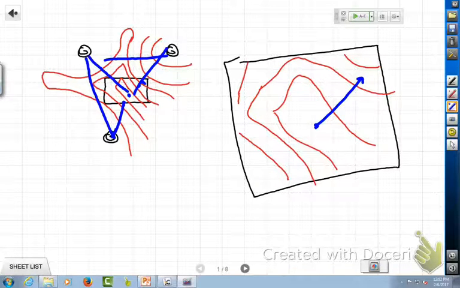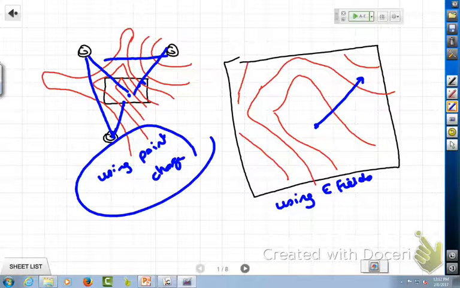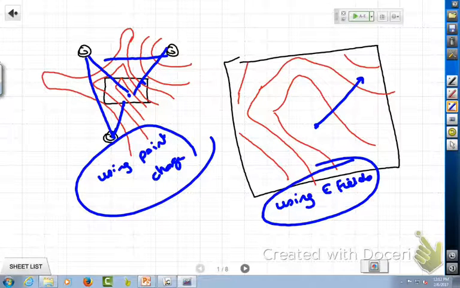And this is like using E fields. And this is like using point charges. We're starting off from here because that's what we know about. But very quickly we'll find that life is much easier when we use the electric fields.